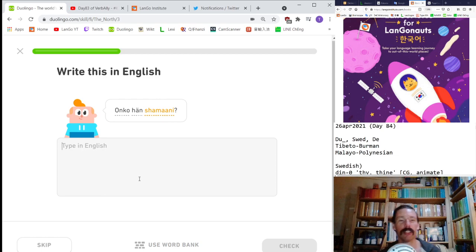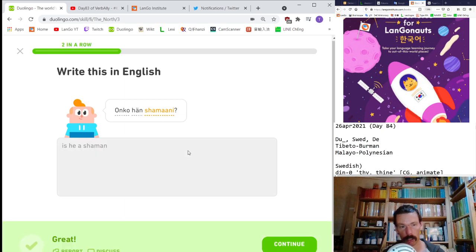Onko hän shamaani? Ooh, how's that going to be read? Shamani. I've never seen a sh in a Finnish word before. Is he? It happens to look like the Norse word, han or hen, which also means he. Is he a shaman? Yes, right? So how's that pronounced?